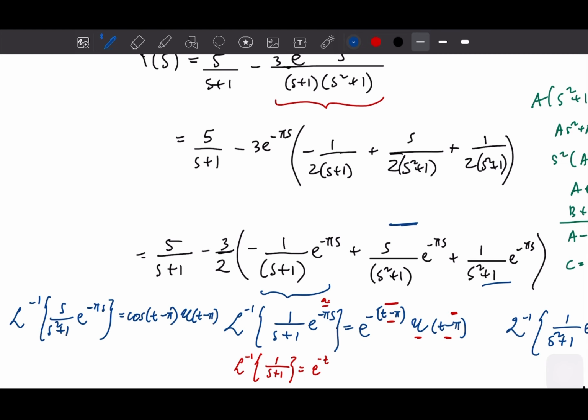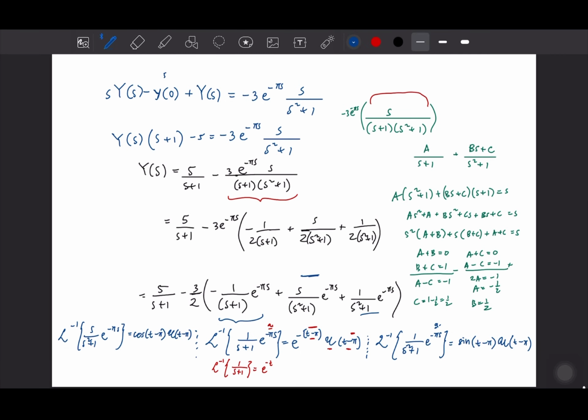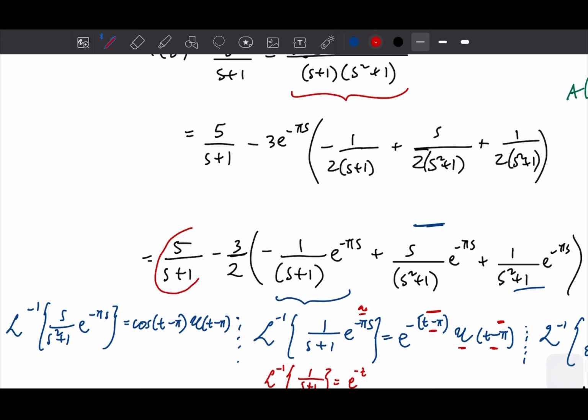Okay, I think I need to give space about here. And I believe after we got all that, then we can solve for y(t). I think the first one here is supposed to be easy, right?